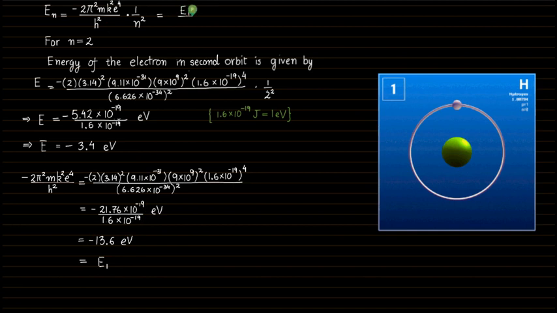Fine. So this part I can write as E1 divided by n square. So my energy level expression can be written as the energy of the first orbit upon the number of the orbit square.